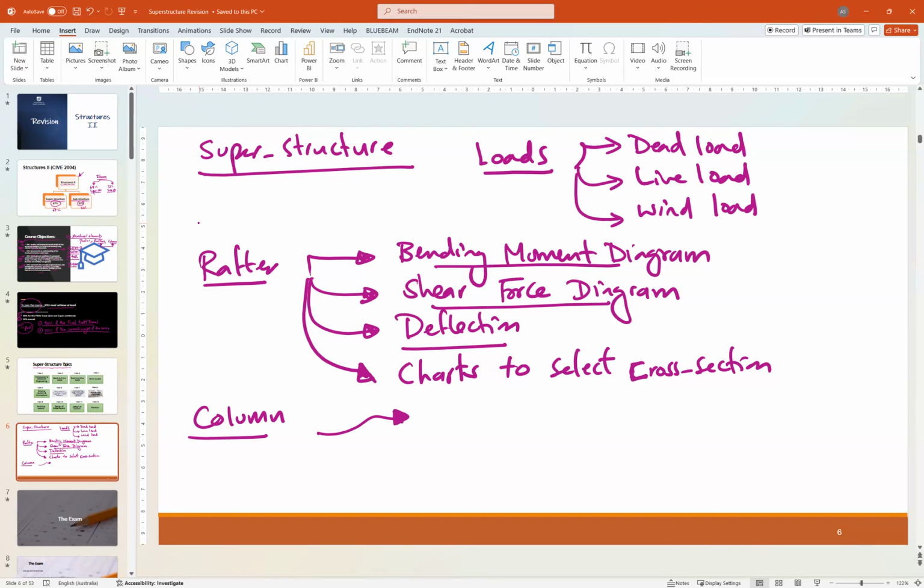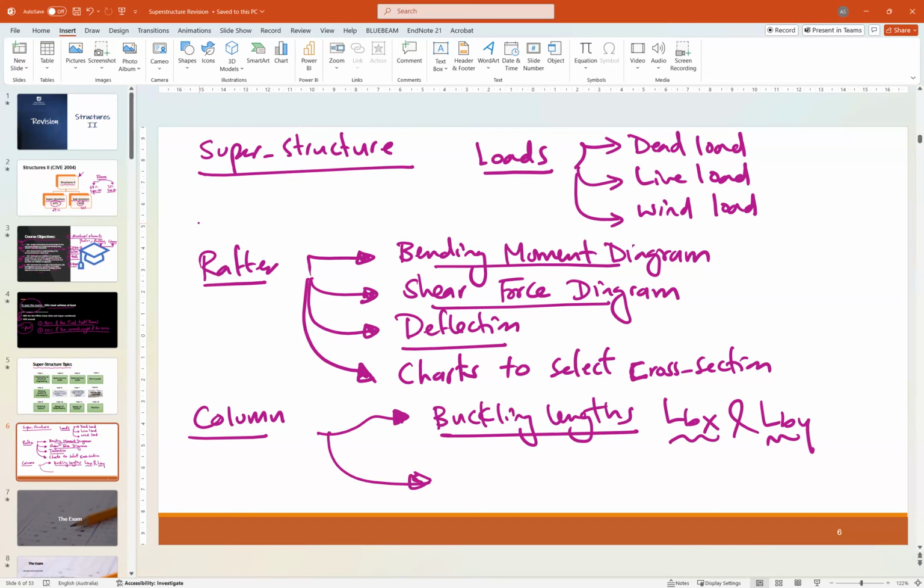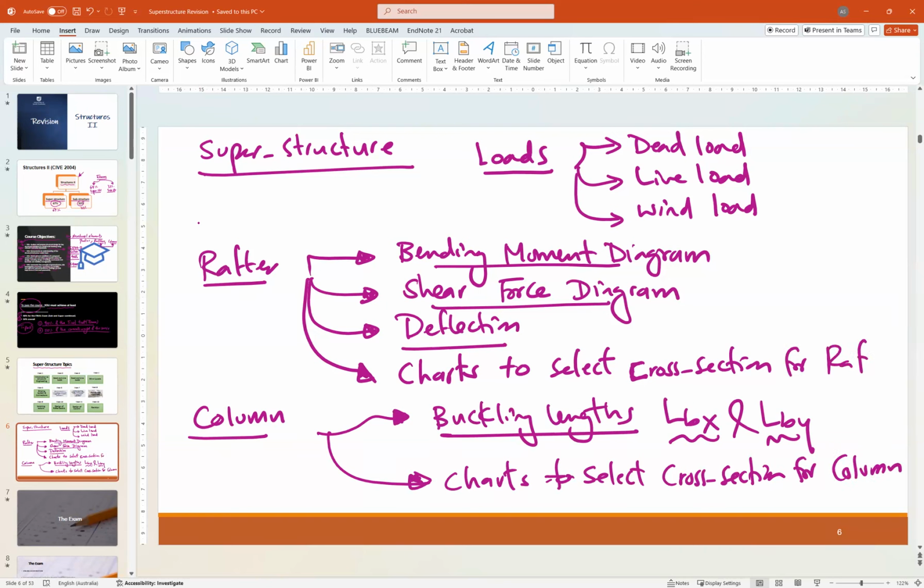In addition to load, we need the buckling lengths, if you remember, LBX and LBY: buckling about X, buckling about Y. And we also need to know how to use the charts to select the column cross section. Okay, so these are the topics covered in superstructure.